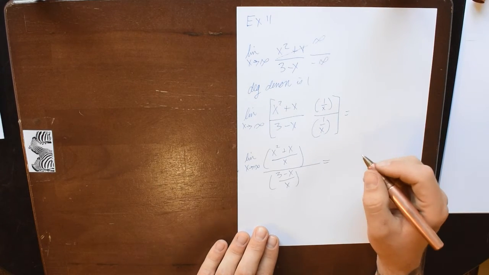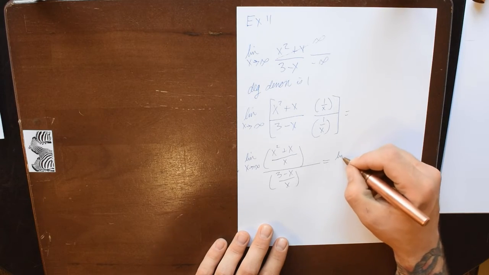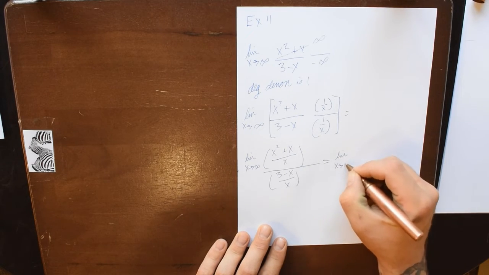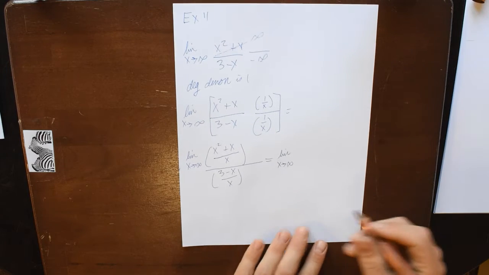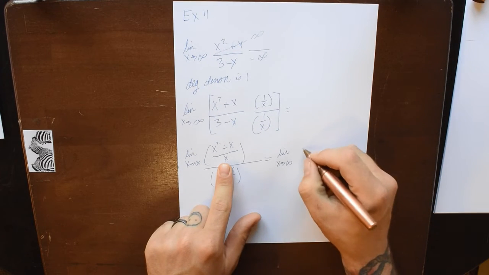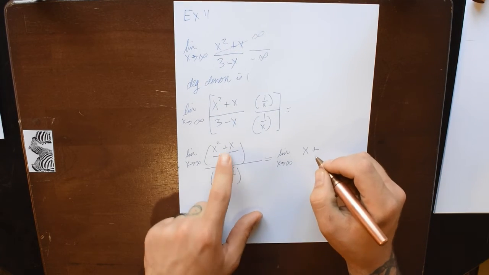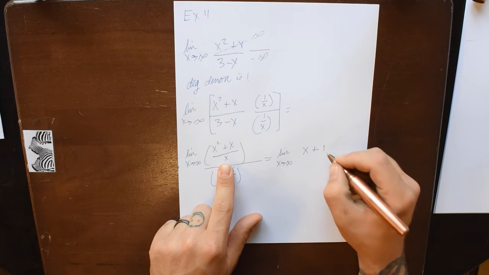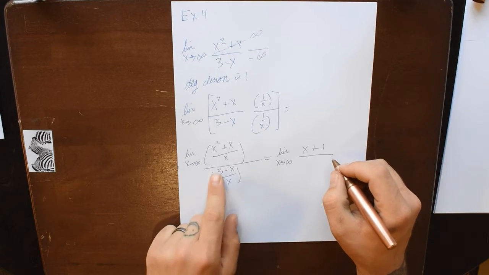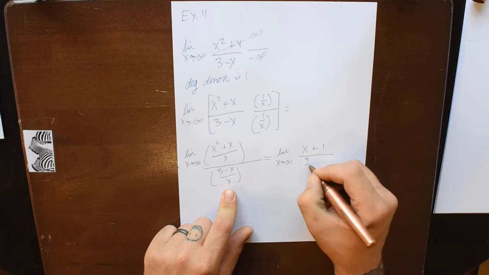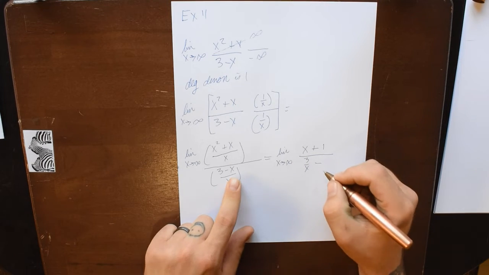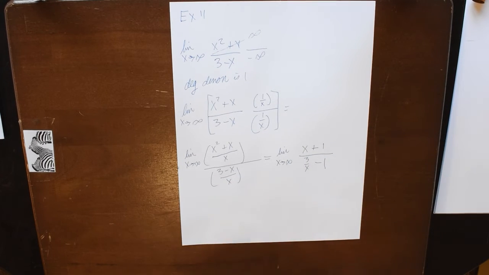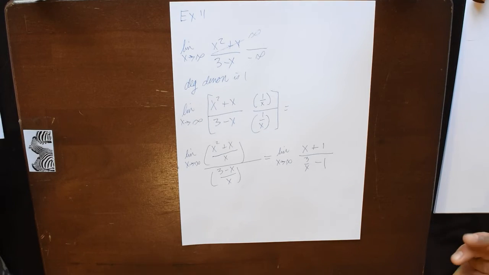Now we can simplify. It's equal to the limit, and I'm writing the limit every time. You guys need to as well. x squared divided by x gives us an x, plus x divided by x is 1, all divided by 3 over x minus x over x, which is 1. Nice.